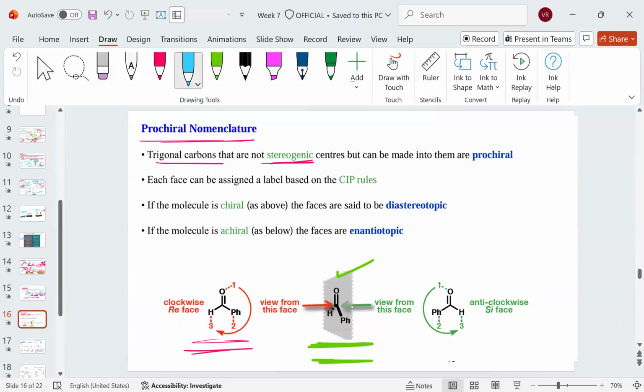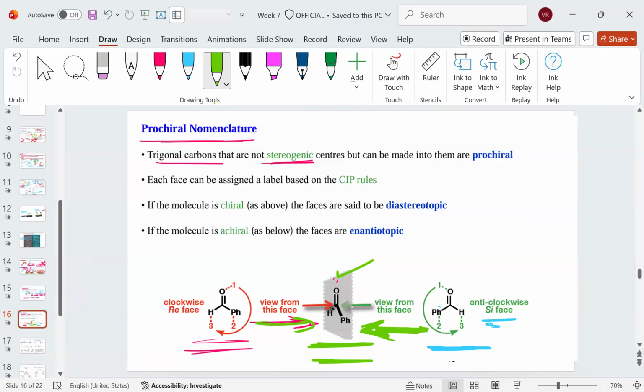But when we view the molecule from the bottom side, which face will it be? It will be the Si face. So when we draw a molecule in the plane, the attack can take place either from this side or from this side, that is, either from the Re face or from the Si face.